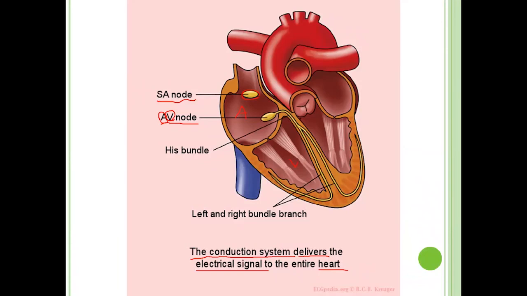The picture is pretty hard to draw there. It looks like it's still in the atrium, but it's not truly. It's on the wall between the atrium and the ventricle, and that's what we call the AV node. Then we have some bundles, which send the signal all over the heart muscle.